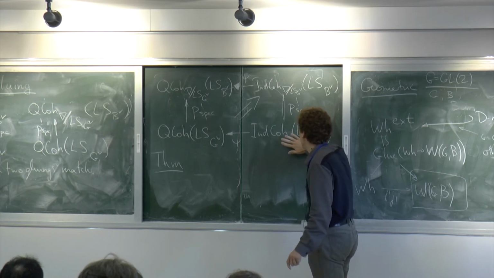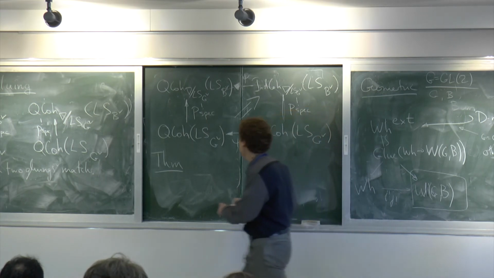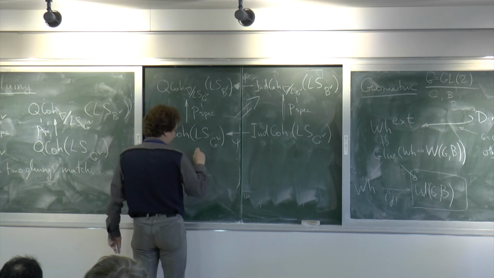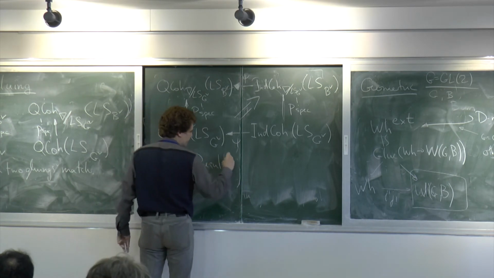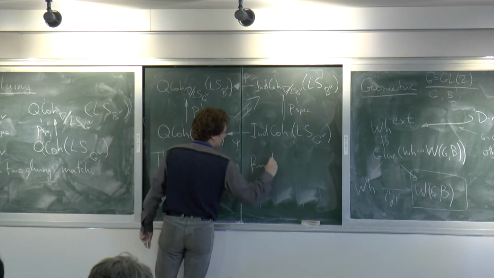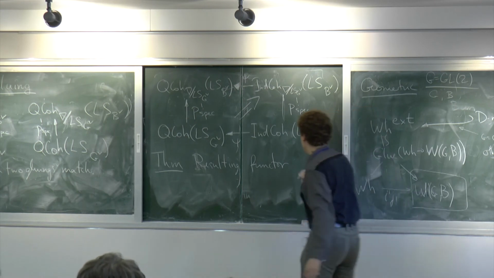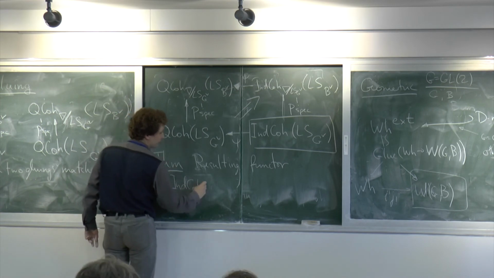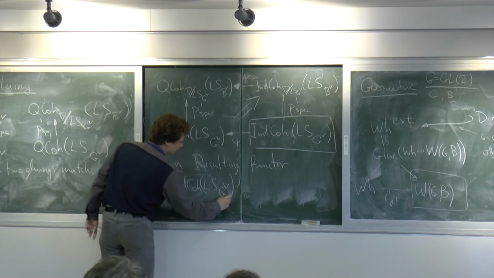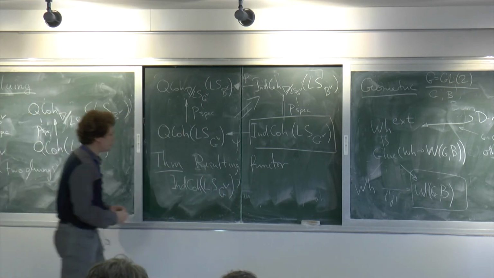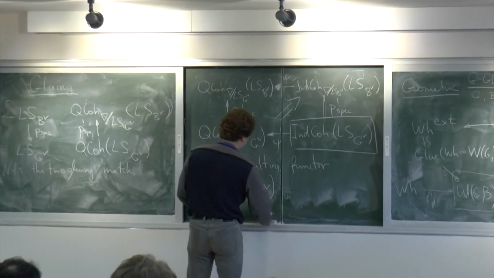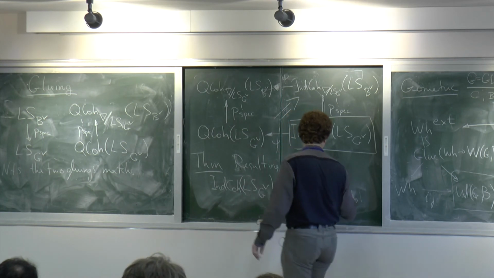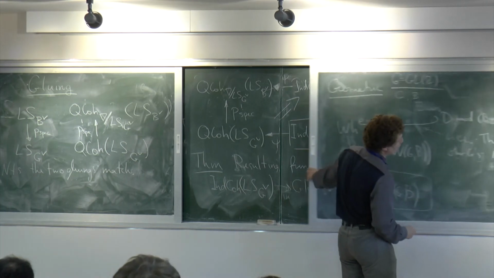So if you add the nilpotence support condition here, the resultant functor, from this diagram, we get a functor from this, which is on the spectral side of the geometric Langlands transform, to the glued category, which was also denoted.